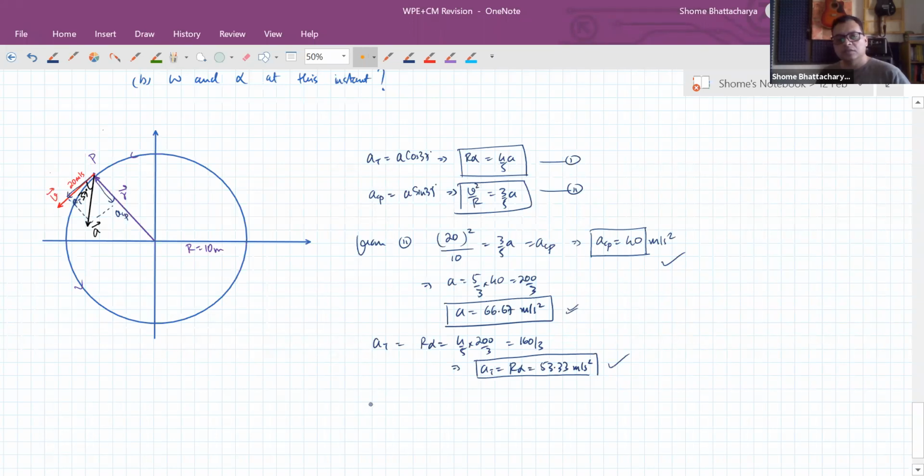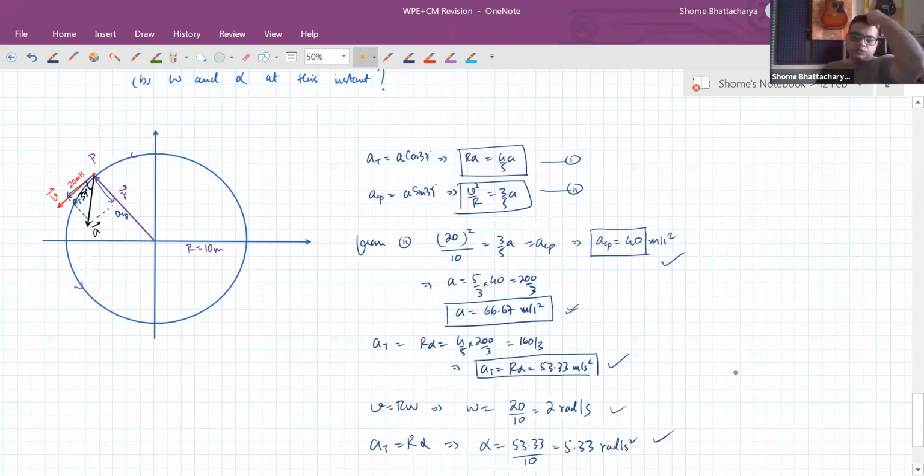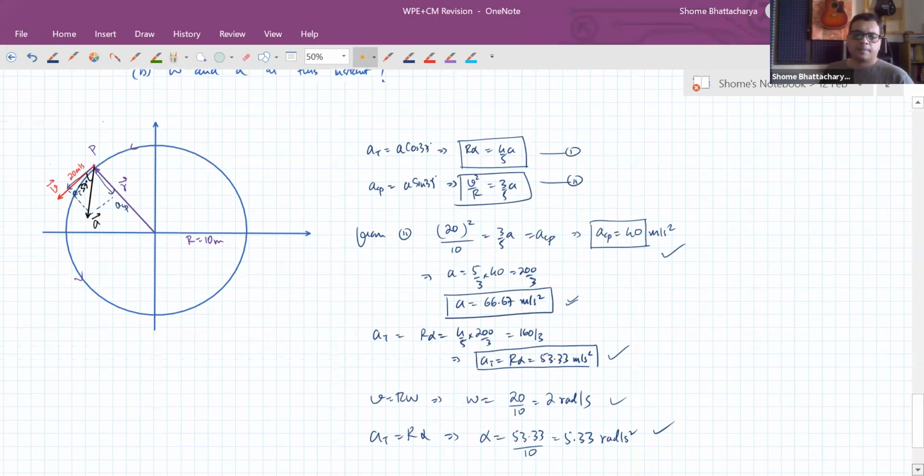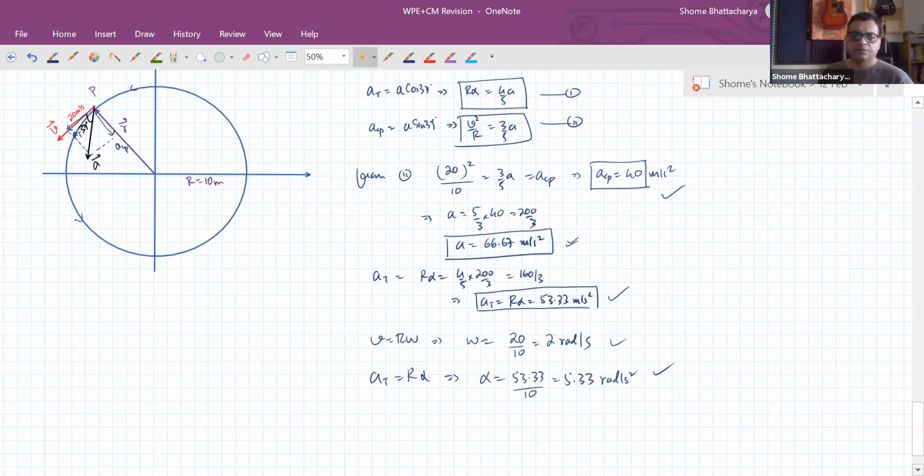And we can see that from this relation, we know omega is 2 radians per second. And from this relation, we know alpha is so much. So this type of situation can also easily be worked out. Okay, so this is about our kinematics of circular motion type of situation.